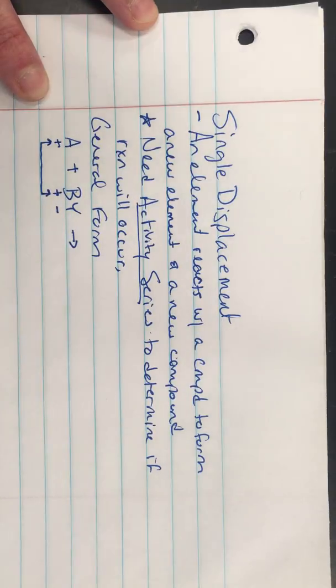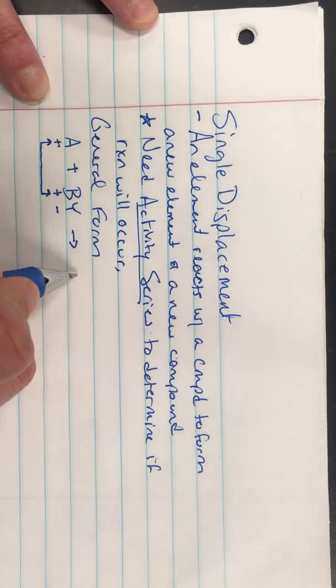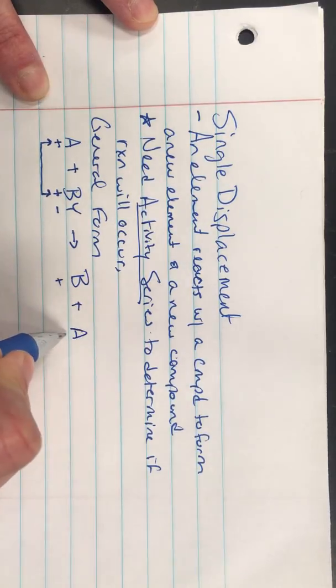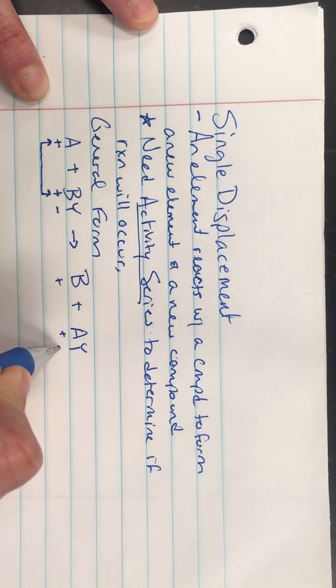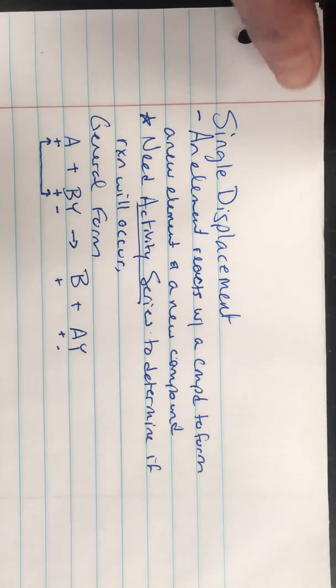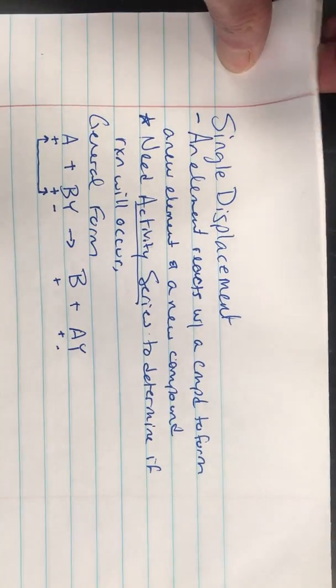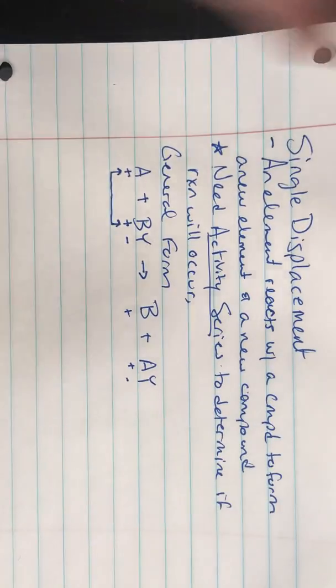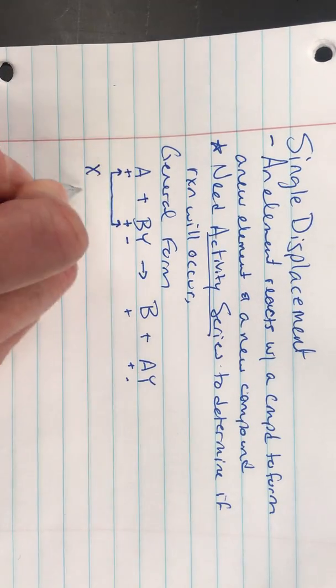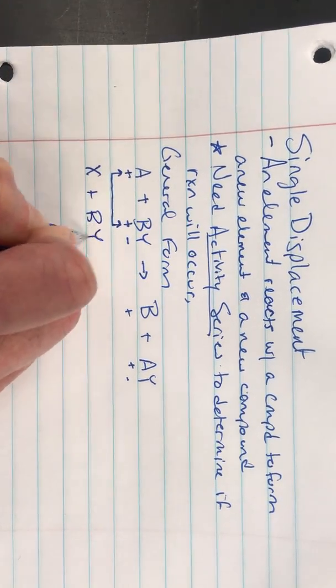Okay, so in general, let's just assume that they did switch, then these like ions would switch places. So B would now be by itself, and then the A, since it's the cation, goes in front of the Y. Just to make sure that you understand this idea of like ions, let's do another one where this time let's do X plus BY.